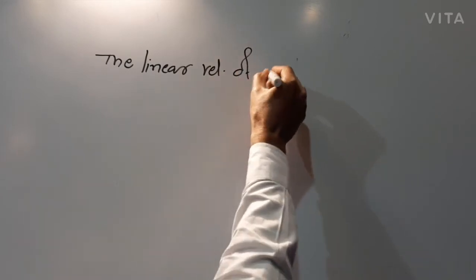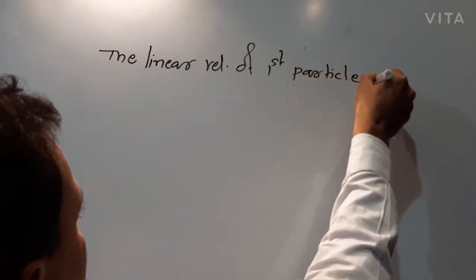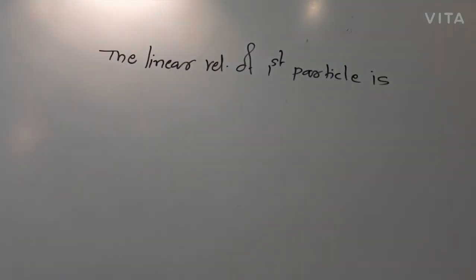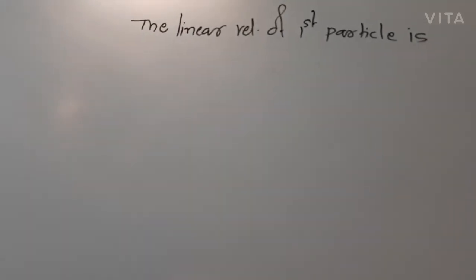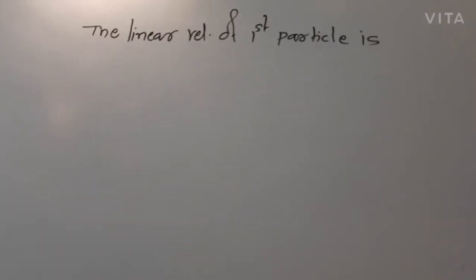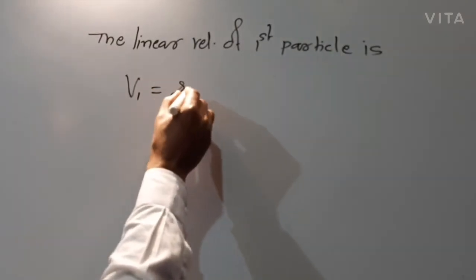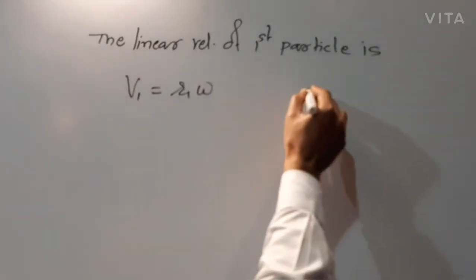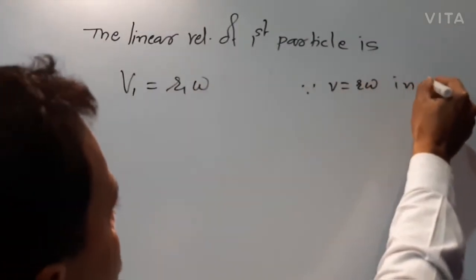We know that V1 is equal to R1 into omega, because V is equal to R omega in UCM.